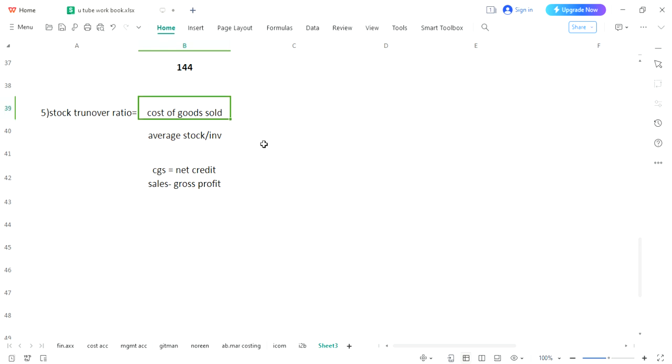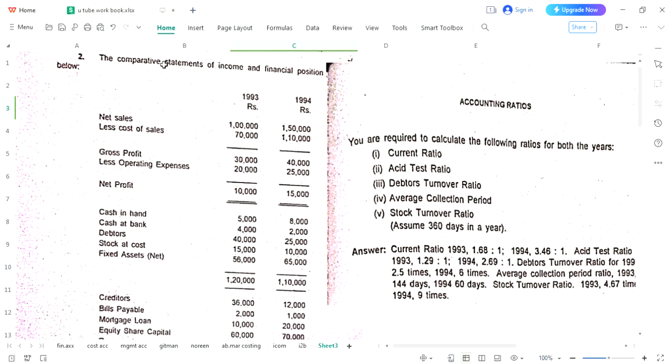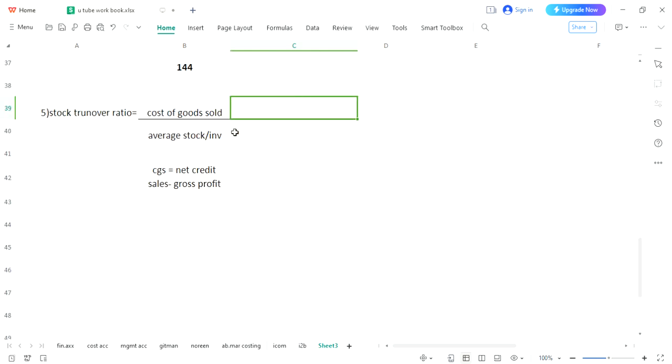We do not need to put a formula over here, but kindly keep it in mind, in some questions you will have to calculate cost of goods sold by yourself. So it's better to understand the formula as well. Please note carefully, cost of goods sold is net credit sale minus gross profit, which we have already completed in several previous chapters. Cost of sale is given in the question, 70,000. Just put it.